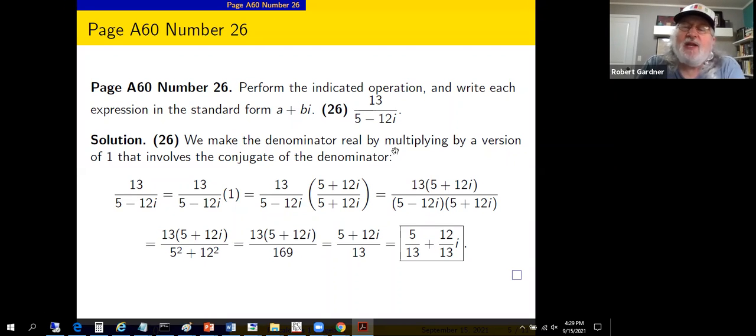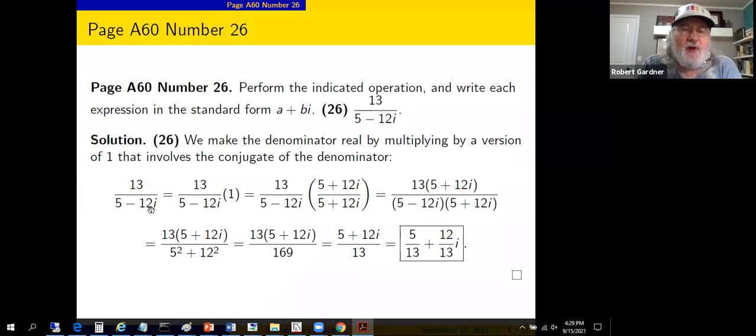We're going to make the denominator real, just as you would multiply a quotient with square roots in it by a certain quantity to make the denominator rational. In the setting of real numbers, you would rationalize the denominator. We're going to make the denominator real. Maybe you might call it, we're going to realize the denominator by multiplying by just the right thing.